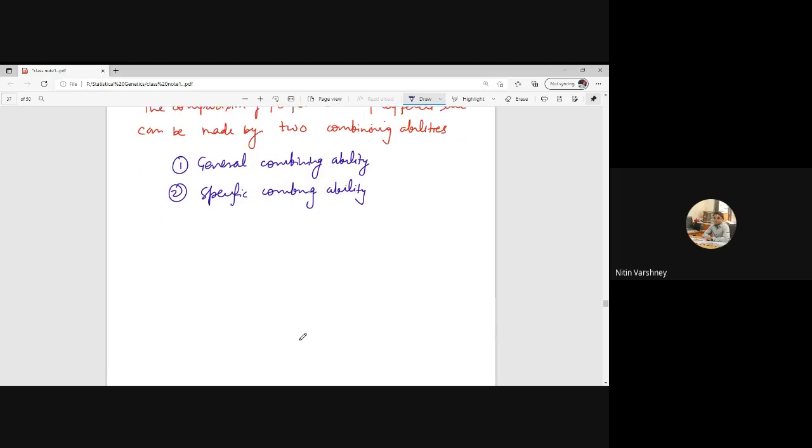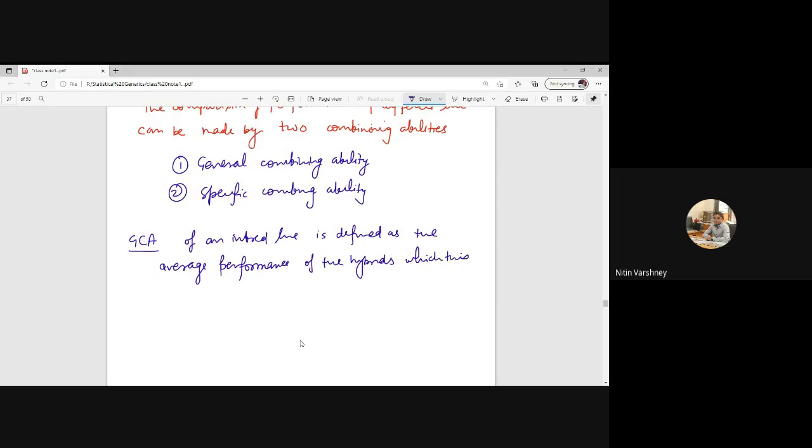The general combining ability, GCA, of an inbred line is defined as the average performance of the hybrids which this line produces with other lines chosen from a random mating population.